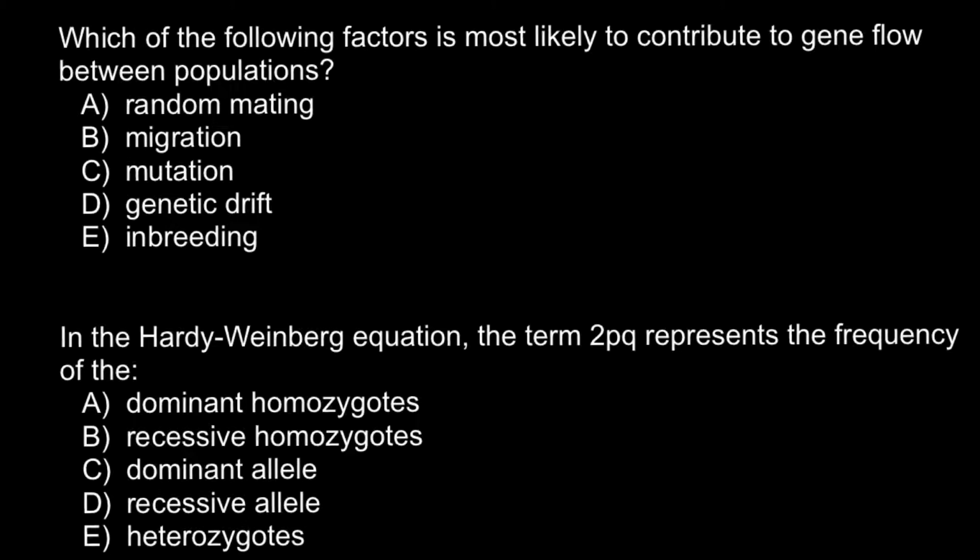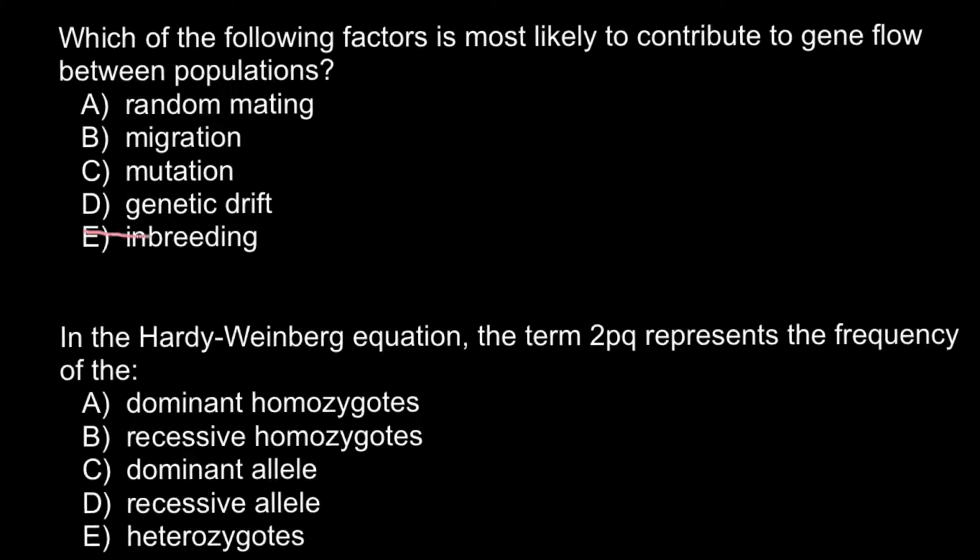Inbreeding actually happens when we have an isolated population, and the population should be small enough for inbreeding to happen, so this cannot contribute to the gene flow between populations, and we have to exclude this answer.